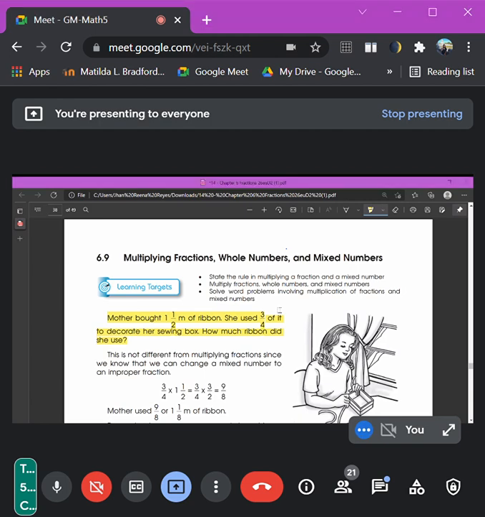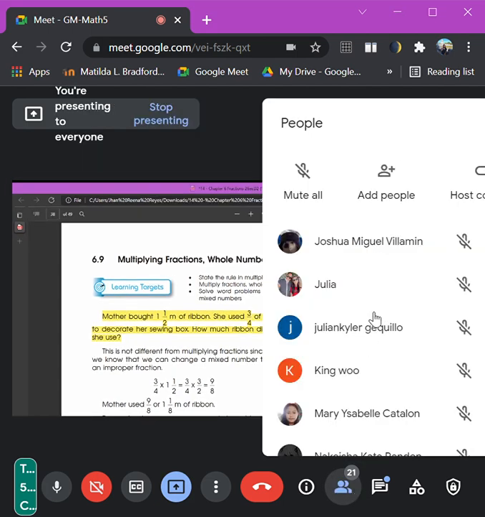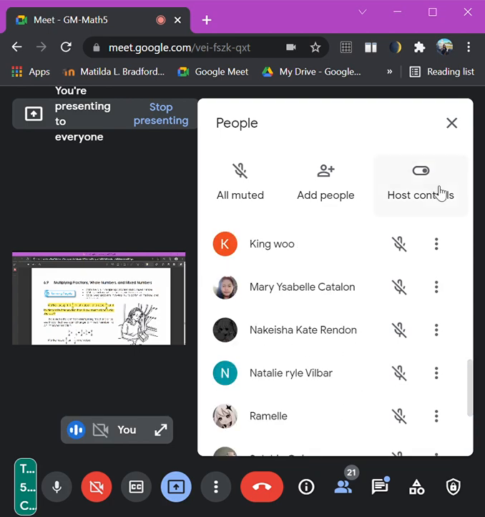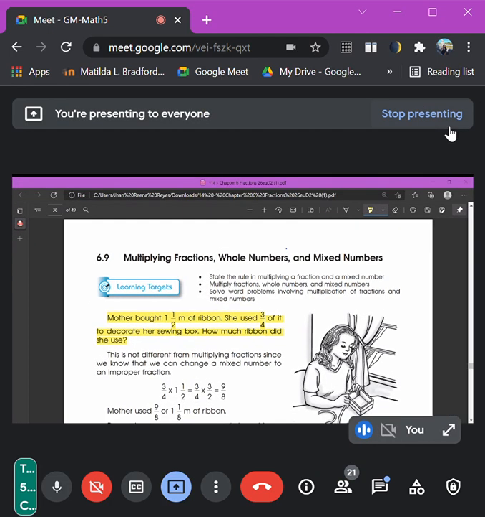Divide. Times. Plus. One at a time, please. So, how do we make our mixed number an improper fraction?